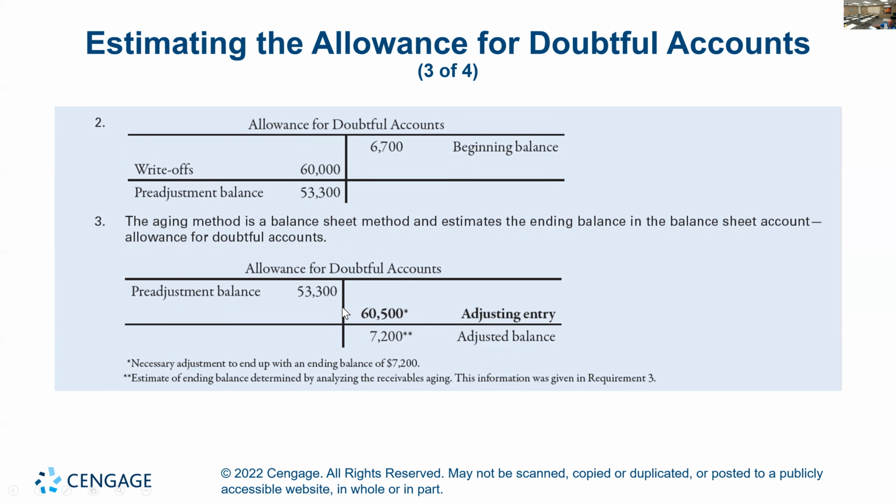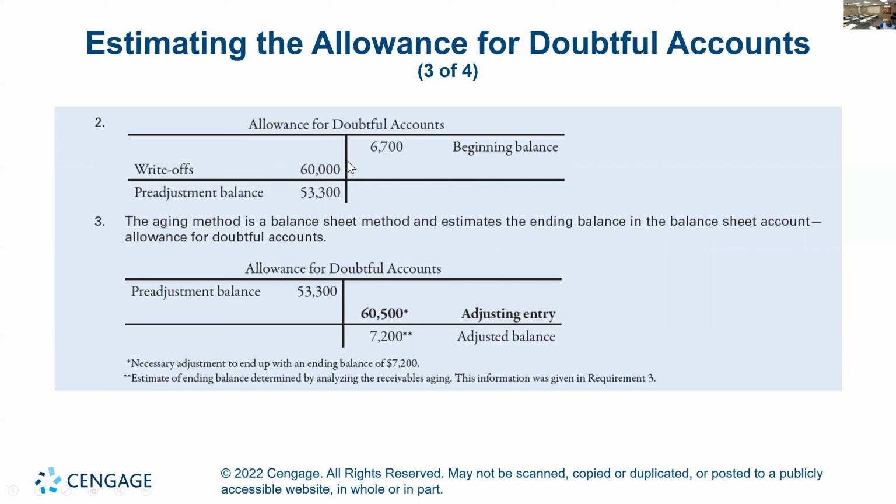Second, what is the balance in our allowance for doubtful accounts? It had a $6,700 beginning credit balance that was given to us. When the write-off happened, we would have journal entered that with a debit to our allowance for doubtful accounts and a credit to accounts receivable. We saw the 60,000 lowering the receivable in the last slide.